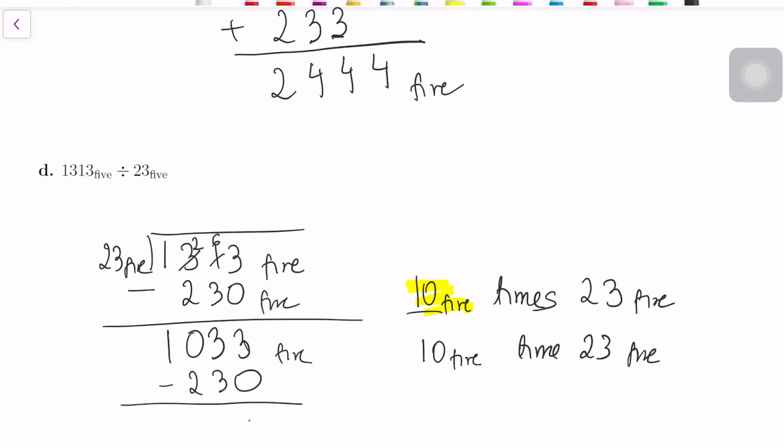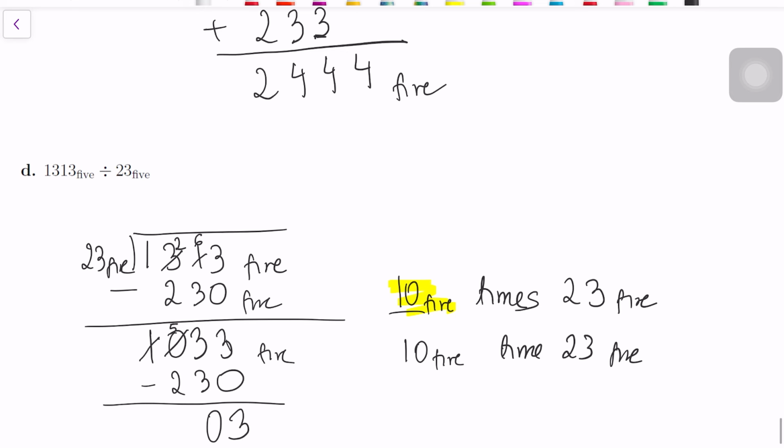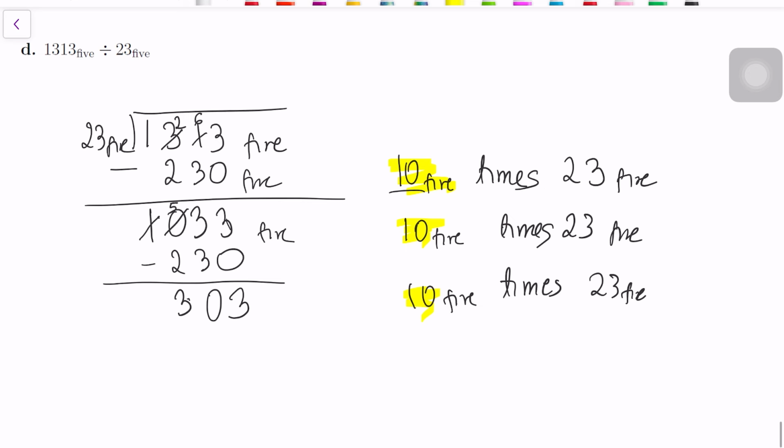So 3 minus 0 is 3. 3 minus 3 is 0. 0 minus 2, I don't have it. I borrow from this. That's going to give me 5. 5 minus 2 is 3. Alright, so it seems like I can again fit 10 times 23, because it seems like 230 I can fit again in that.